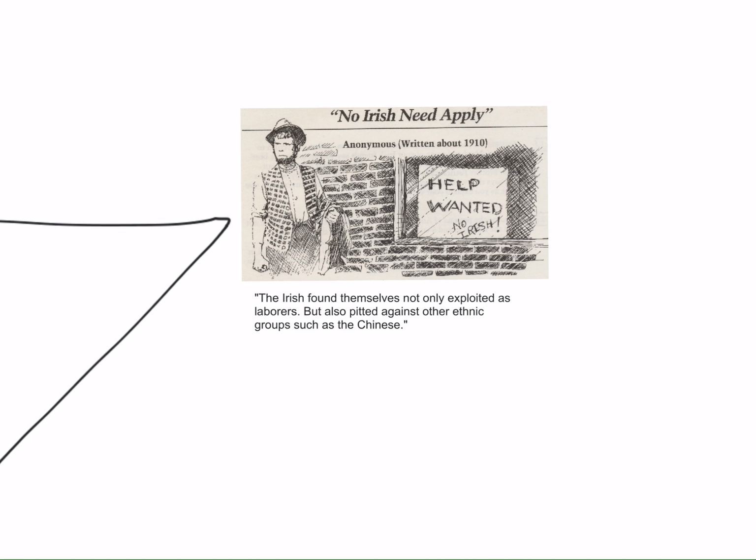The Irish not only found themselves exploited as laborers, but also pitted against other ethnic groups such as the Chinese for work. In the end, the Irish were seen as a mongrel mass of ignorance and crime and superstition, as utterly unfit for its duties as they were for the common courtesies and decencies of civilized life.